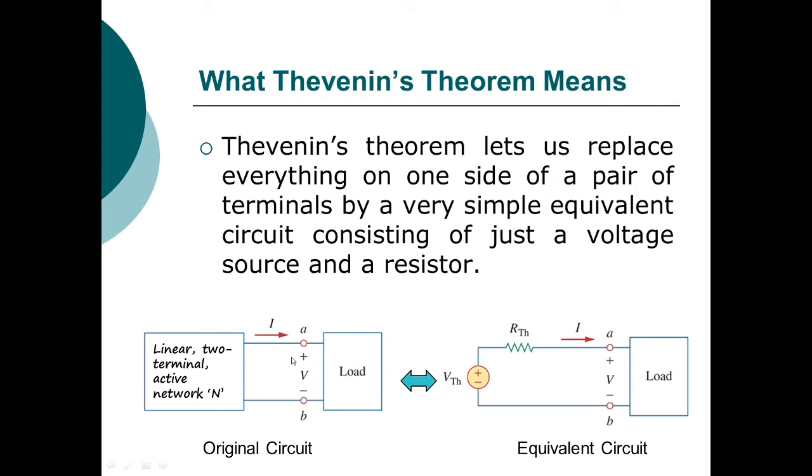This theorem helps us convert this complex network into a very simple network consisting of a voltage source VTH and a simple resistance RTH in series. With this simplified network connected to the load, we can easily calculate the current flowing through the load or the voltage appearing across these two terminals, that is, the voltage across the load.